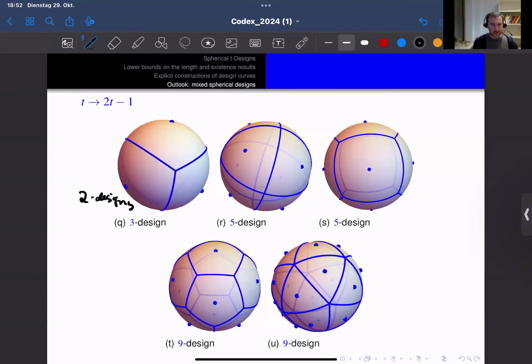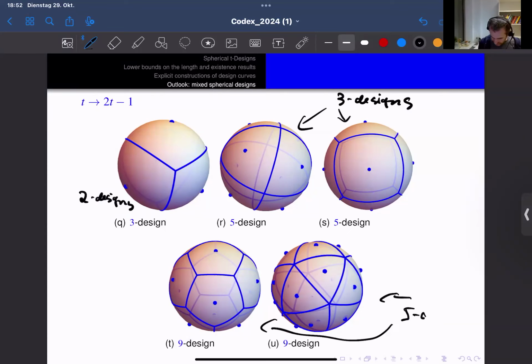But the combination of the 3 design, here and here, as separate concepts, these would be 3 designs. And here, as separate concepts, these would be 5 designs. But if I combine edges and vertices, I go from 5 to even 9 designs. So you gain really quite a bit, and so you go from t to 2t minus 1.